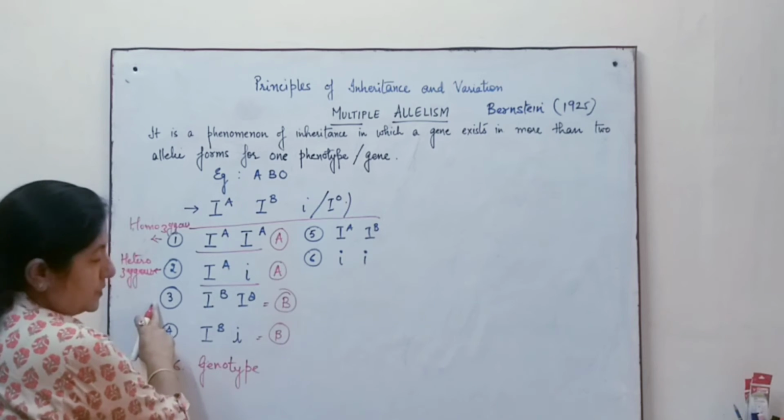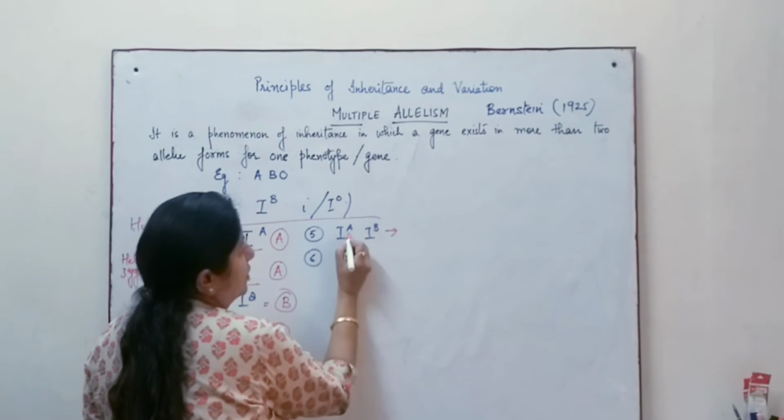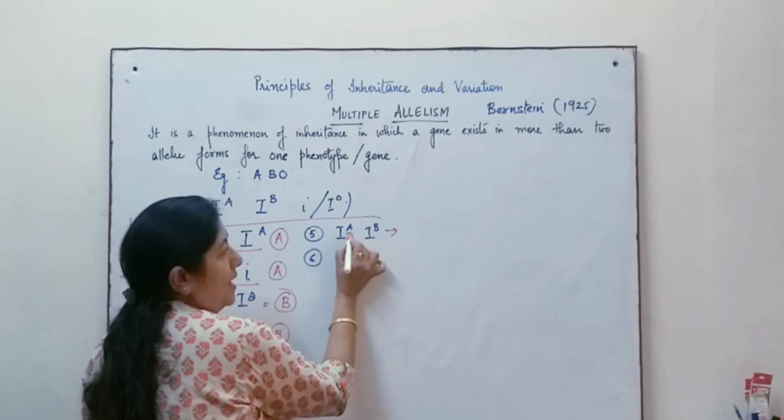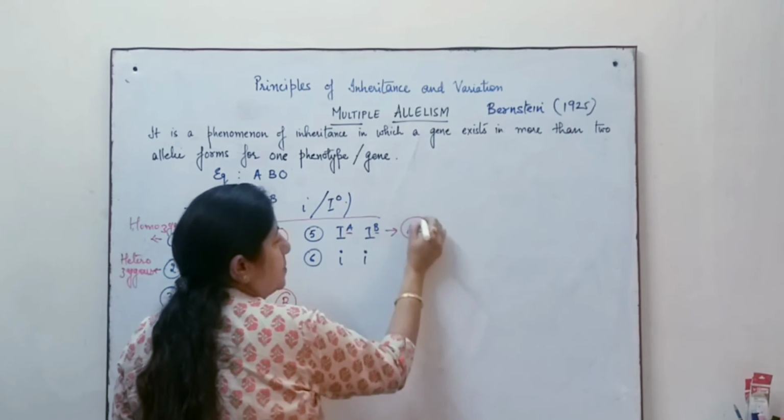A similar condition is observed over here. However, if you study carefully, you will observe it has the allelic forms IA and IB, so the blood group of the person will be AB.